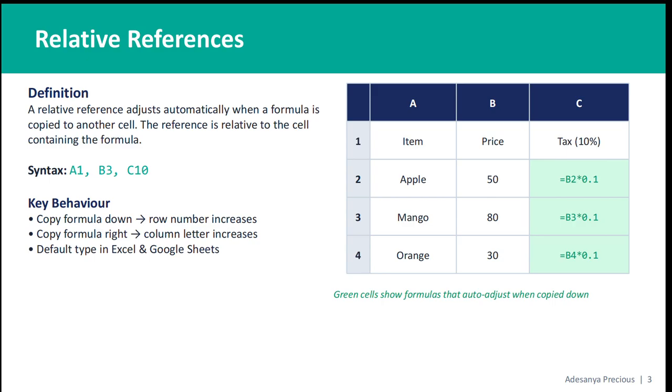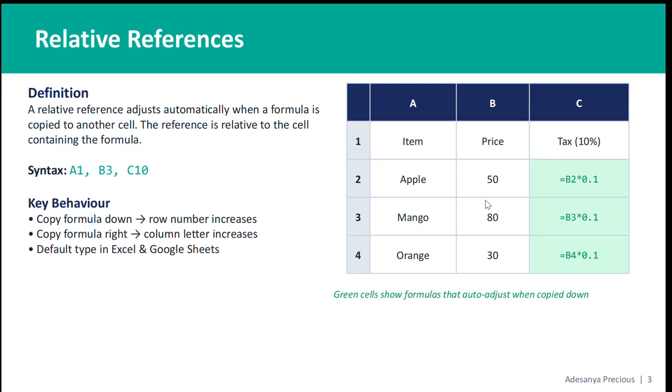Now, let us start from relative references. Relative reference is the default reference in Excel. A relative reference adjusts automatically when a formula is copied to another cell. The relative reference is relative to the cell containing the formula.